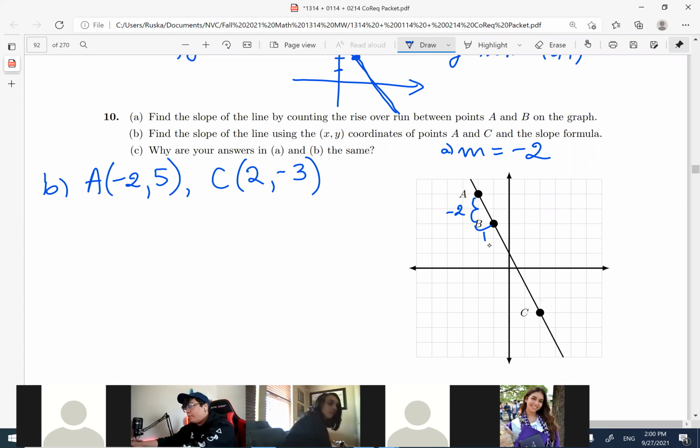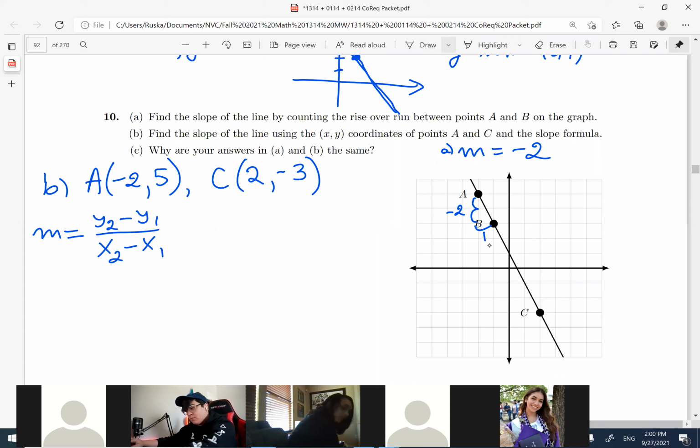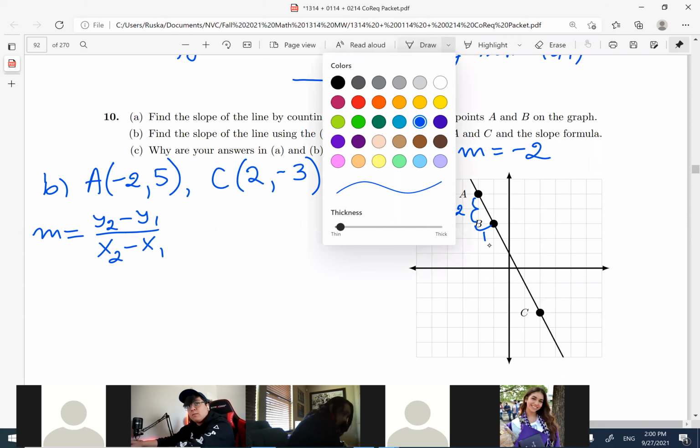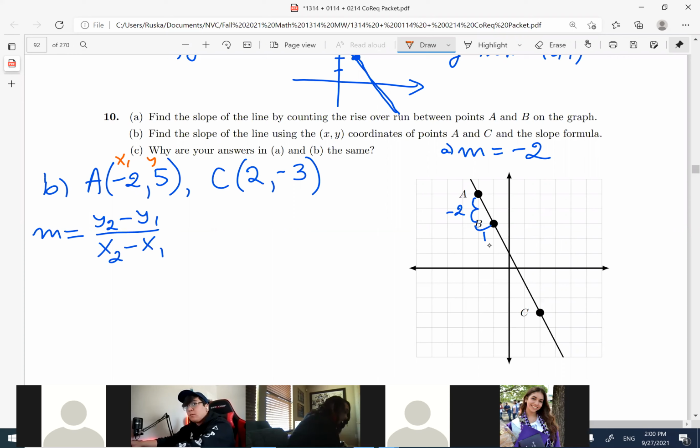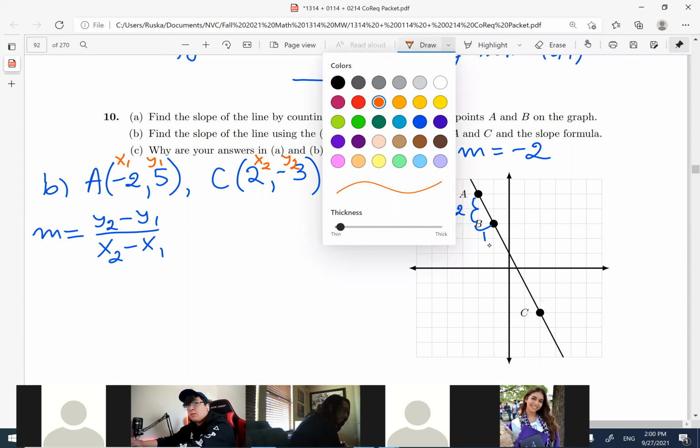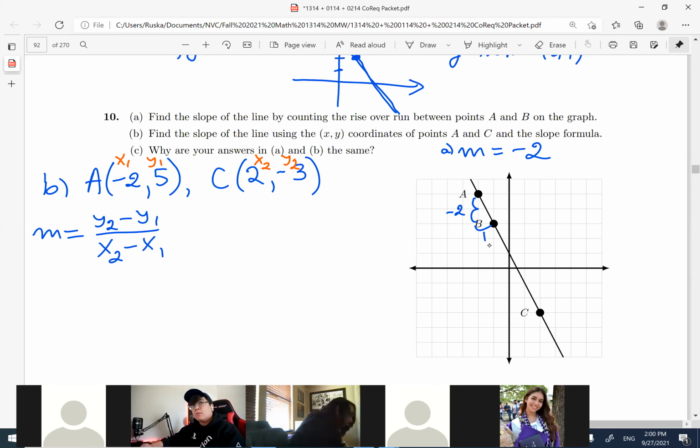The slope formula was y2 minus y1 over x2 minus x1. You can name each number here: we have x1 and y1, x2 and y2, and you plug it in, replacing the letters with the numbers.